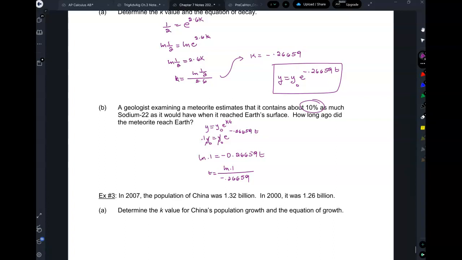So a meteorite hit Earth, it has some amount of sodium in it. Now it only has 10% because it was decaying at this rate. So we want to know how long ago it hit the Earth's surface. Okay? So this is going to be 8.6370. So it's about 8.637 years.